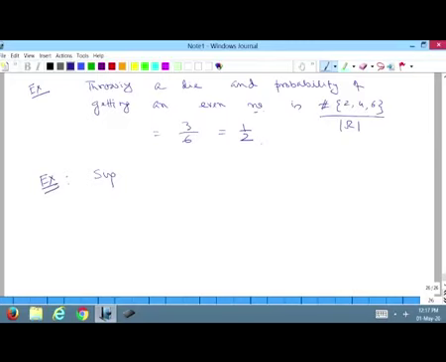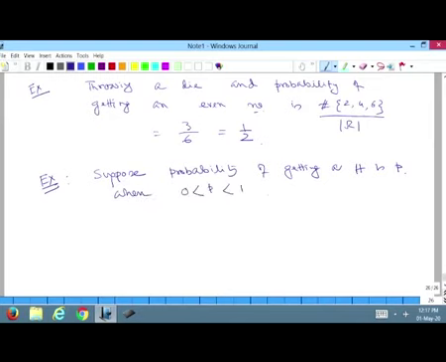Suppose the probability of getting a head is p, when 0 is less than p is less than 1.